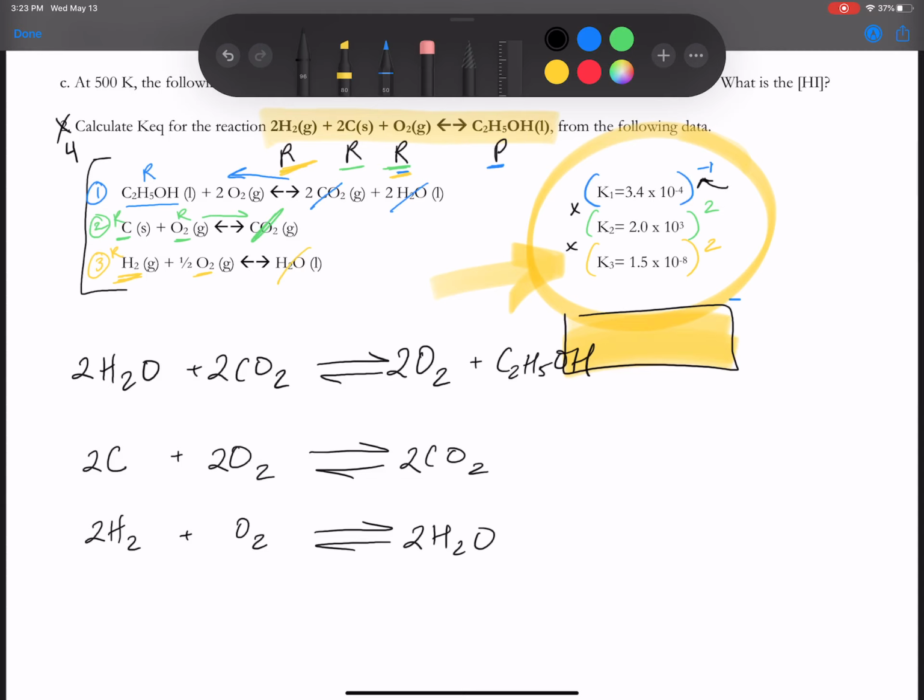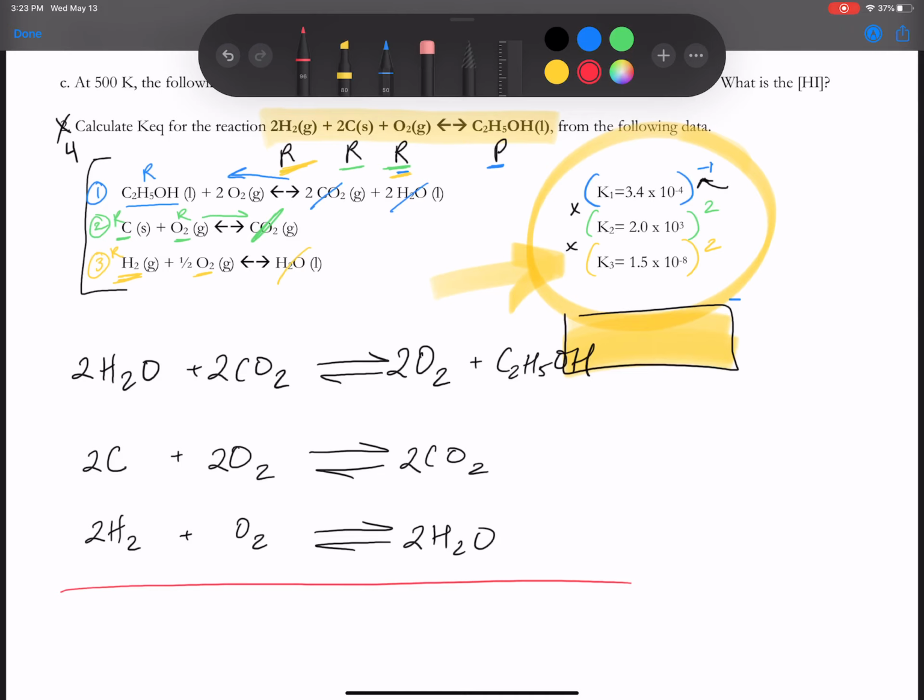And at this point now is where you can cancel everybody out and you can see what is left over. So what I'm going to do now is walk through each one and cancel out anyone that's in both a reactant and in a product.